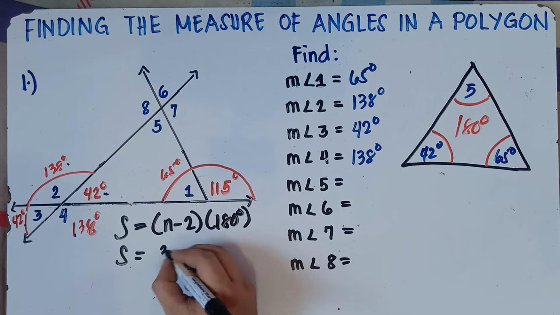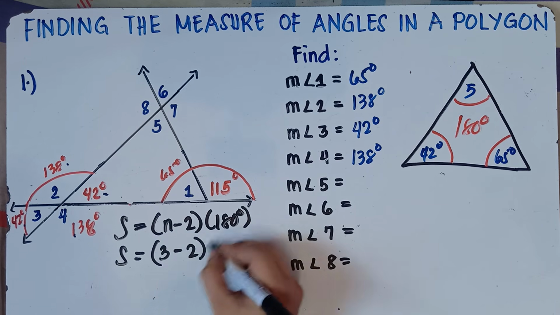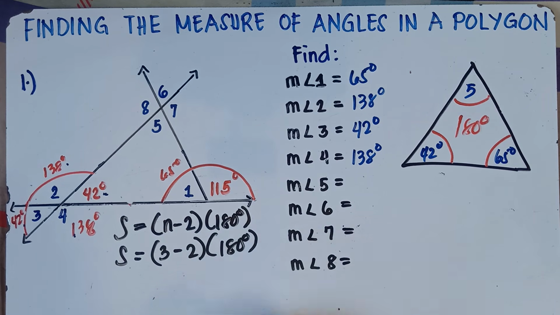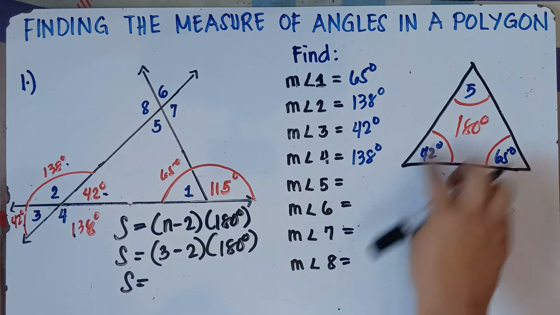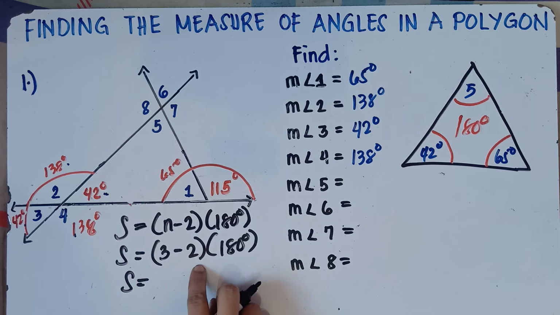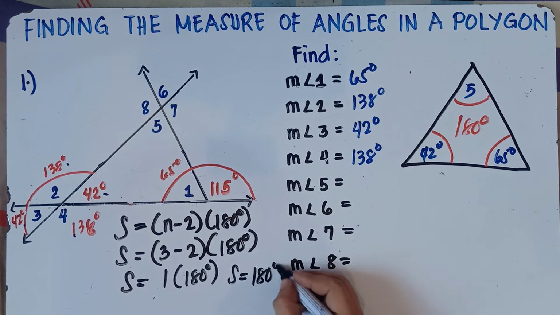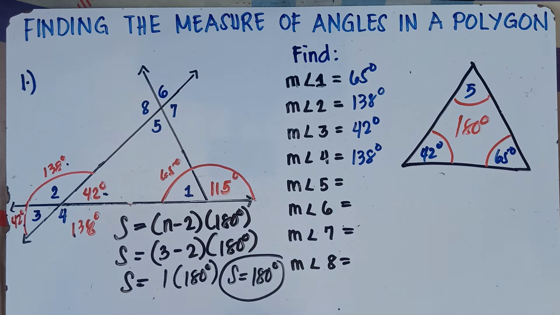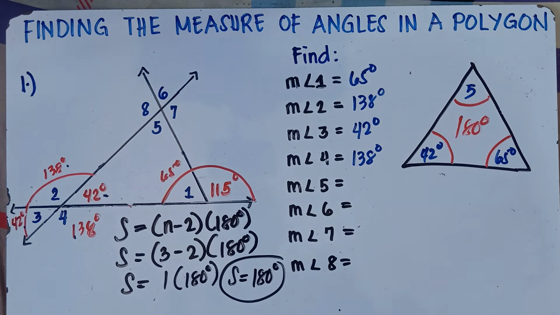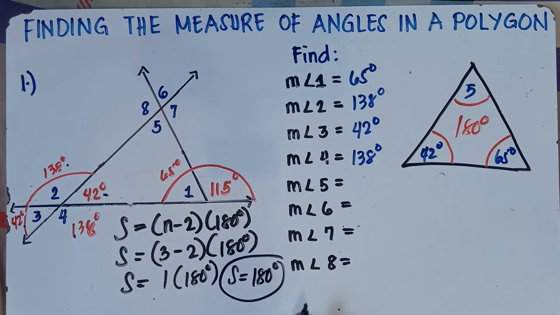We have 3 sides. So the sum of interior angles is 3 minus 2, that's 1, times 180 degrees. 1 times 180. Therefore, the sum is equal to 180 degrees. That's why, class, I told you a while ago, for any kind of triangle, the sum of interior angles is always 180 degrees.